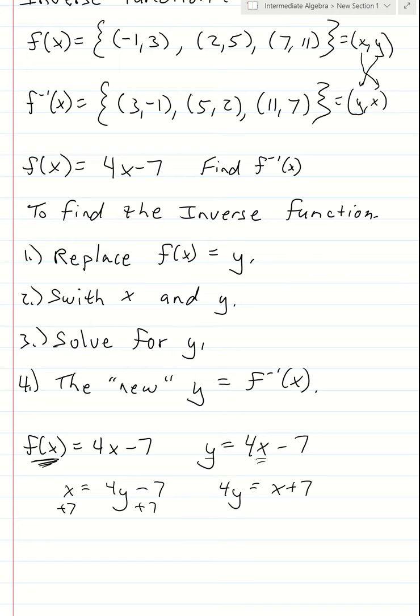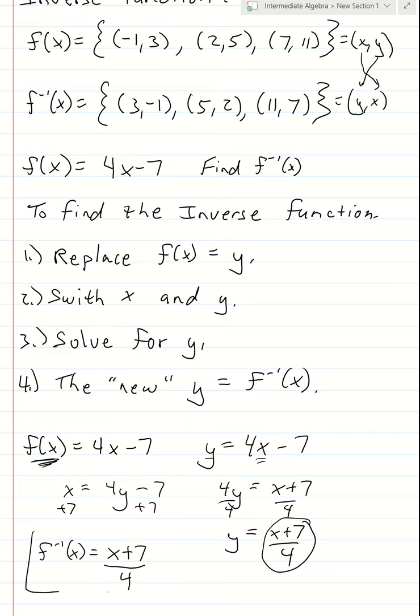And so now what we would want to do is divide both sides by 4, in which case y equals (x plus 7) divided by 4. Now that we have isolated and found the new y, it is this new y that represents our inverse function. So we would be able to write that the inverse function is equal to (x plus 7) divided by 4. That would be your inverse function.